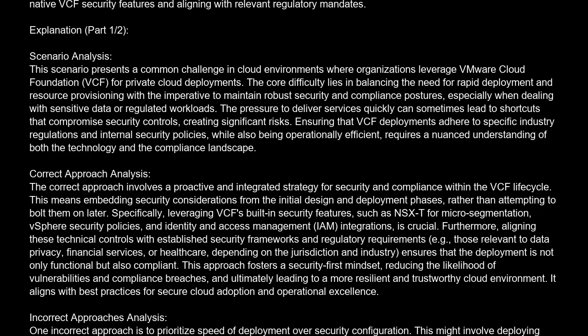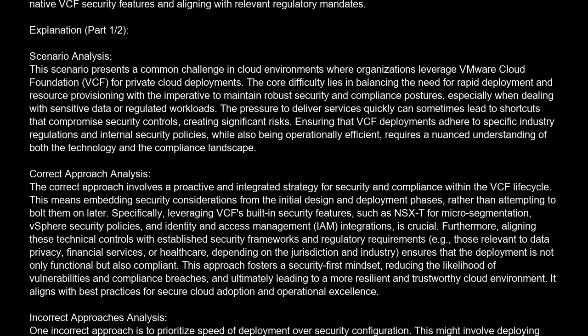Furthermore, aligning these technical controls with established security frameworks and regulatory requirements, e.g., those relevant to data privacy, financial services, or healthcare, depending on the jurisdiction and industry, ensures that the deployment is not only functional but also compliant. This approach fosters a security-first mindset, reducing the likelihood of vulnerabilities and compliance breaches, and ultimately leading to a more resilient and trustworthy cloud environment. It aligns with best practices for secure cloud adoption and operational excellence.